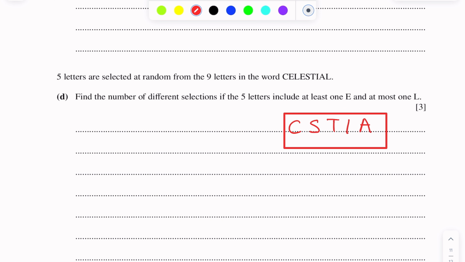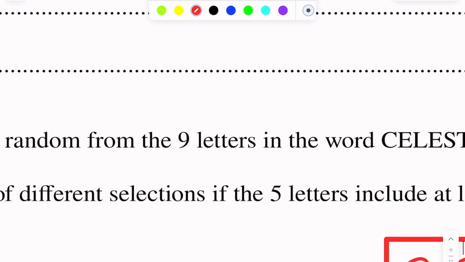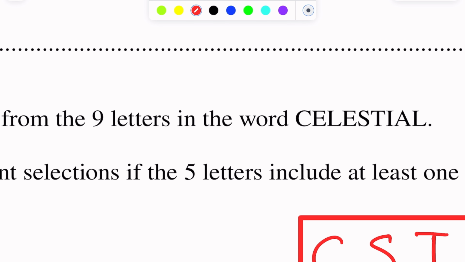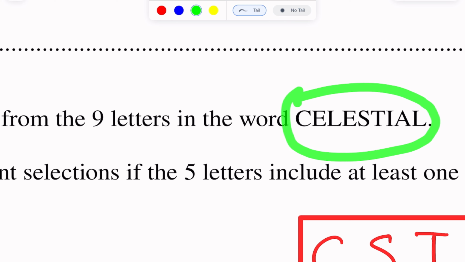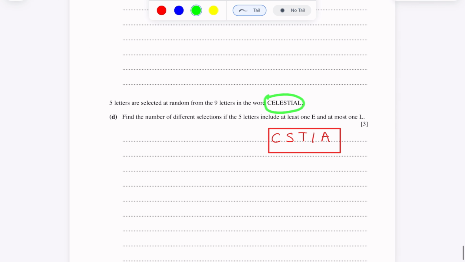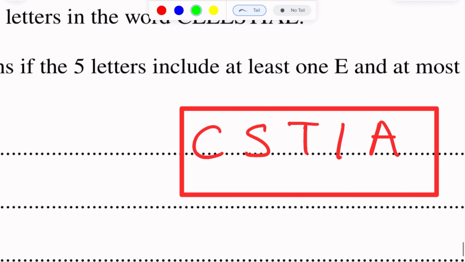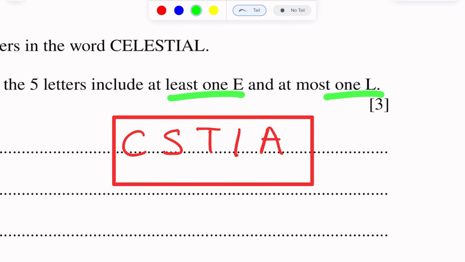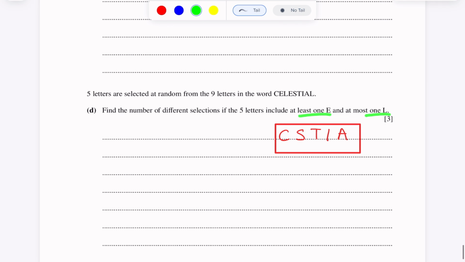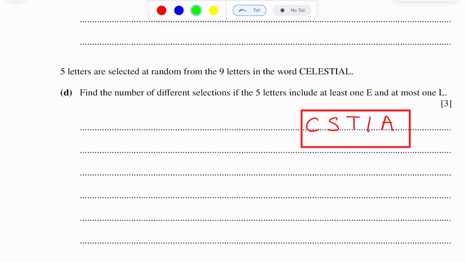So there will be different options. We have to follow these restrictions: at least one E and at most one L. At least one E means we can take one E or two E's. But at most one L means we cannot take more than one L.